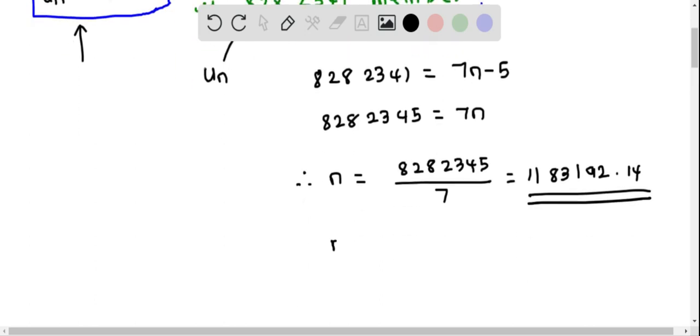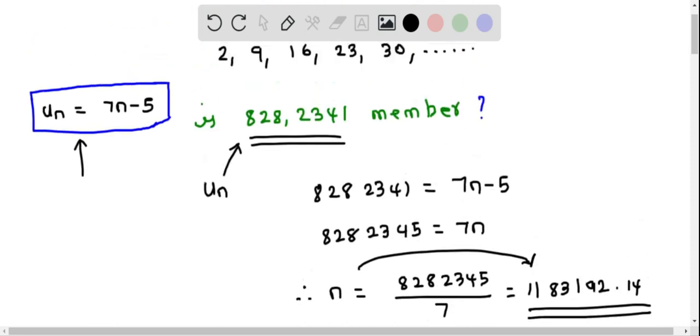Only if we get n as a whole number do we say that the given number is a member of the sequence. And since we get n as a fraction or decimal, we say that 8282341 is not a member of the sequence.